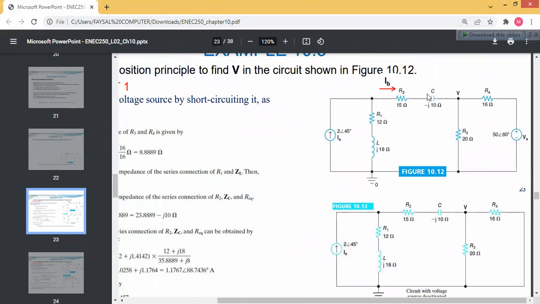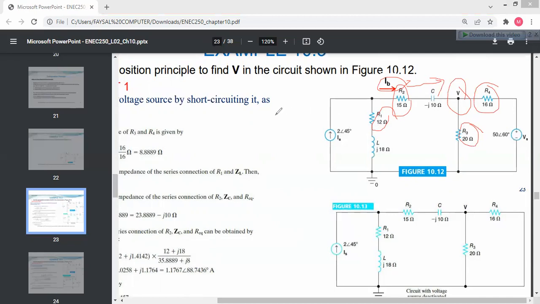So this is my V and the current applying to it is IB. So the primary source is IB and there is R. R is basically R3, R4, R2 and R1. So I have to take the equivalent resistance.